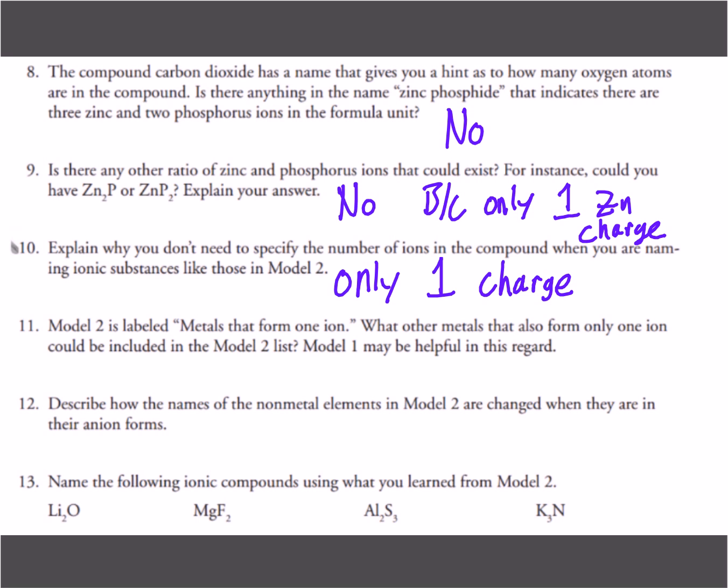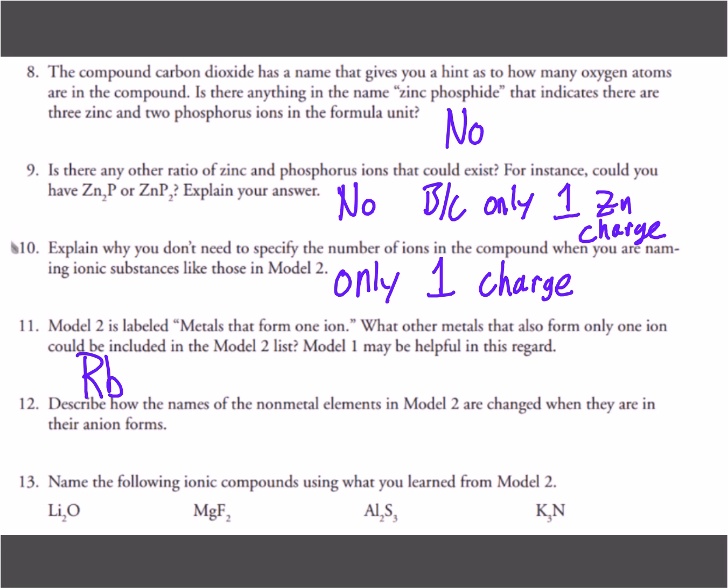Only one charge. Model 2 is labeled metals that form one ion. What other metals that also form only one ion could be included in Model 2? Model 1 may help. What are some other ones that could be listed there in that Model 2, guys, with those names? Rubidium's one. What else?